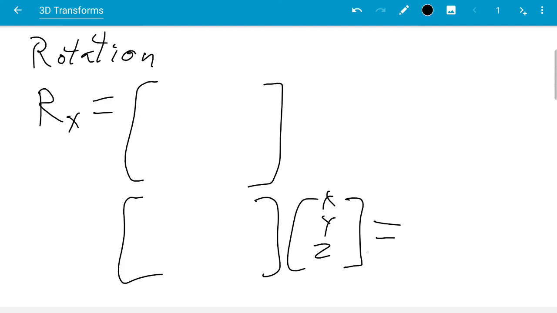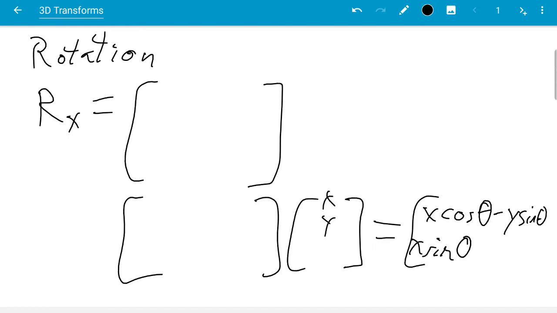So if this were done in just 2 dimensions, you may have seen this before. What I want to end up with is something like x cosine of the angle minus y sine of the angle, x sine of the angle plus y cosine of the angle.